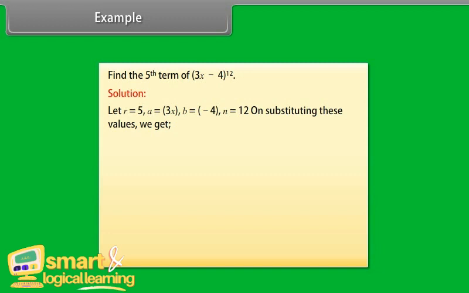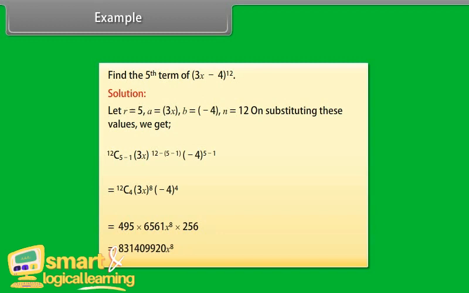On substituting these values, we get 12C(5-1) into (3x) raised to the power 12 minus (5-1) into (-4) raised to the power 5 minus 1, which is 3140992 0 into x^8.